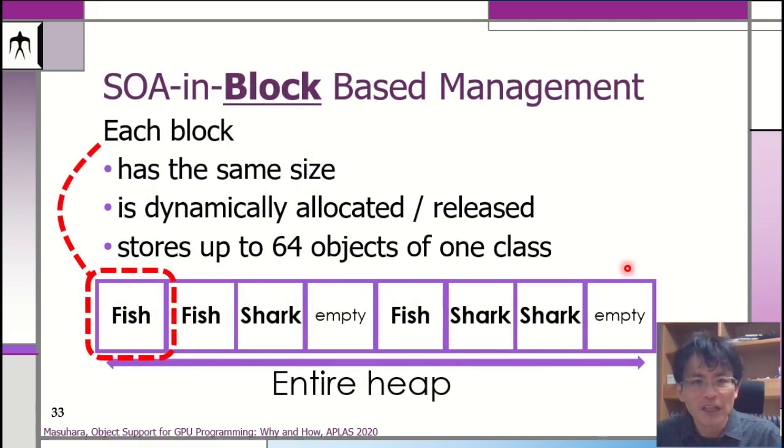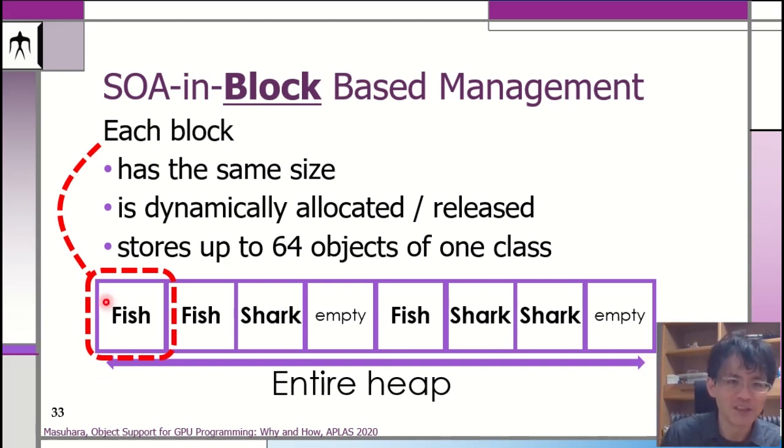First, SOA, structure of array, in block-based management. The first part is the block part. We divide the entire heap into same-size blocks, and then dynamically assign each block to a specific class.